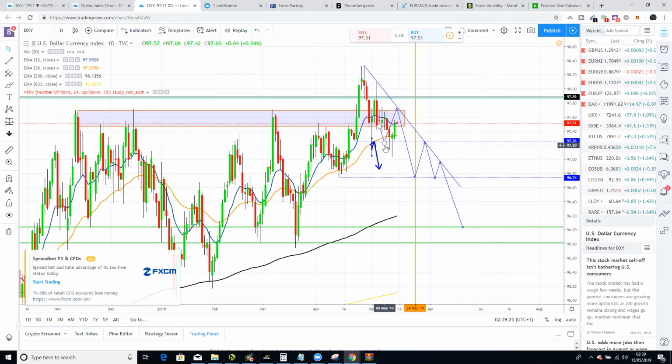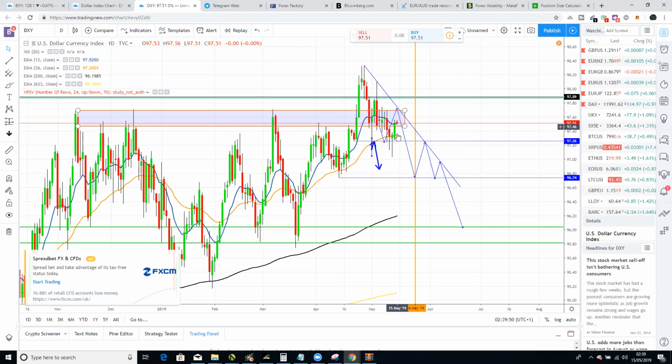As you can see from my previous analysis, if we hit this trend line and we cannot close above it, then that will be the beginning of continuation onto the downside. So we need to break well above this trend line and start to have that push up for the dollar to become positive. But for now, that is the challenge that we need to overcome.